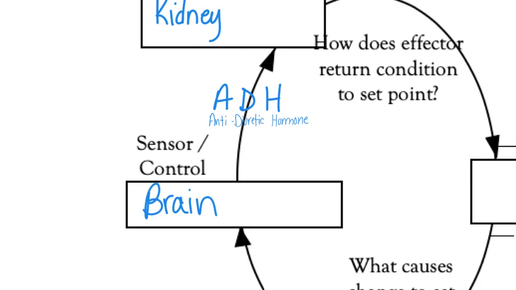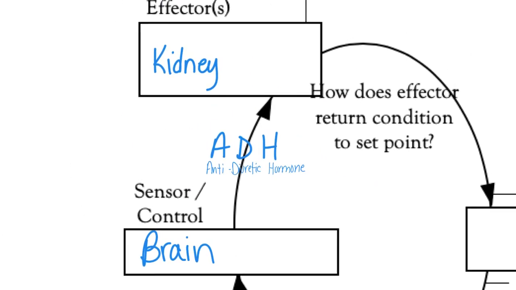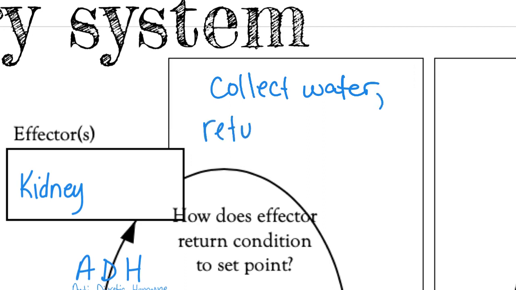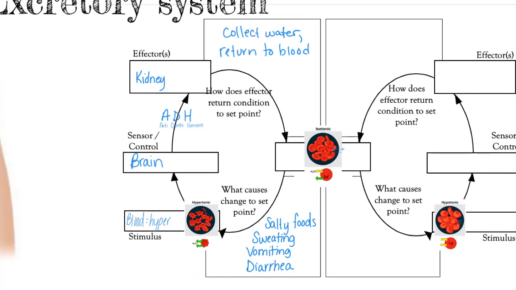So the brain is going to cause a release of ADH, and that is going to be recognized by the kidney. What the kidneys are then going to do is collect water, just like they always do, but then the water is returned to the blood. So that's going to really help us conserve as much water as possible when we're dehydrated.